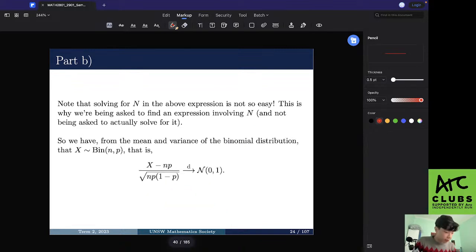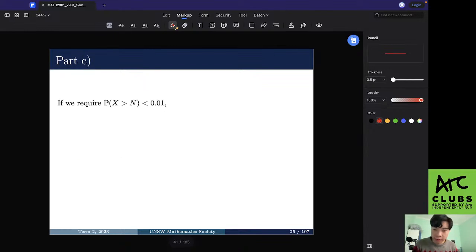So this is the formula before. Given that x is our binomial distribution, we know that x minus np over root np times 1 minus p is convergent in distribution to a normal distribution, and we use this fact to find out this probability.